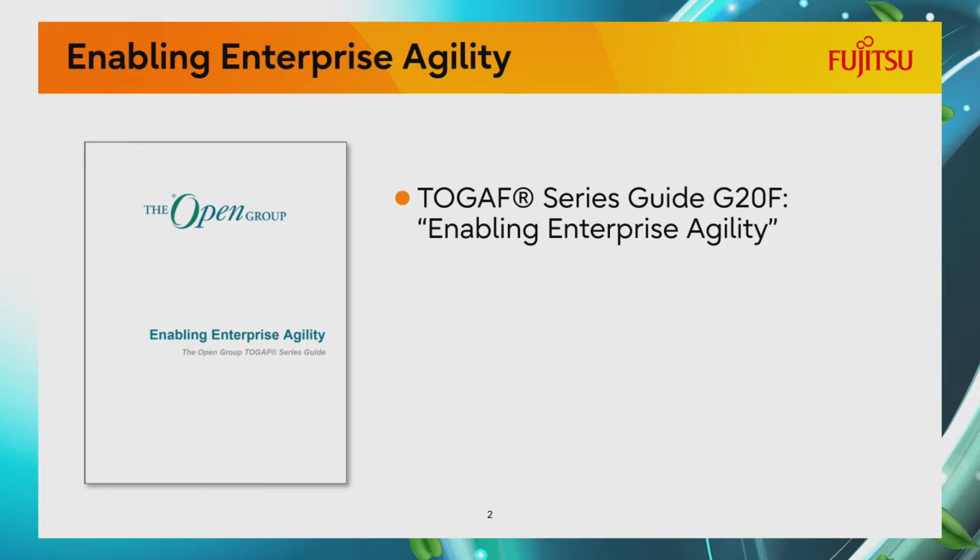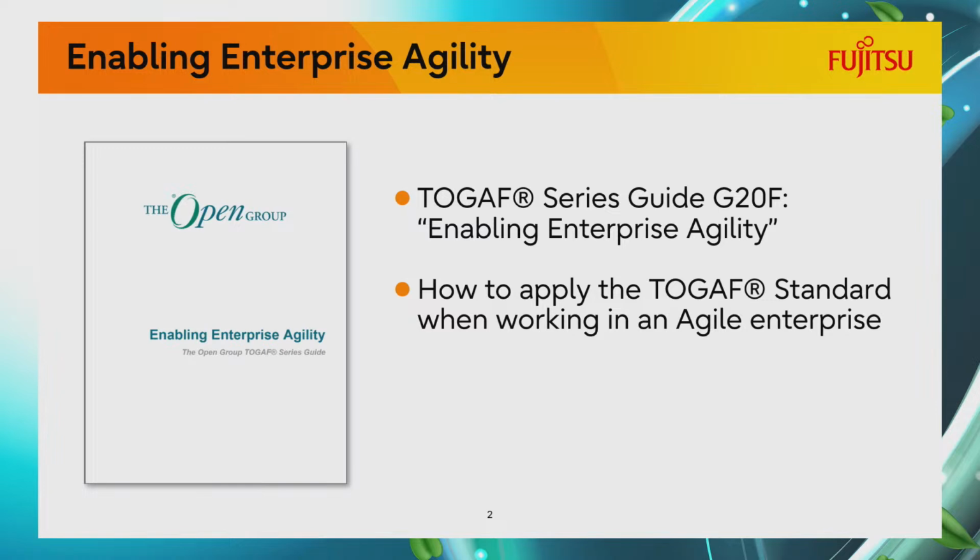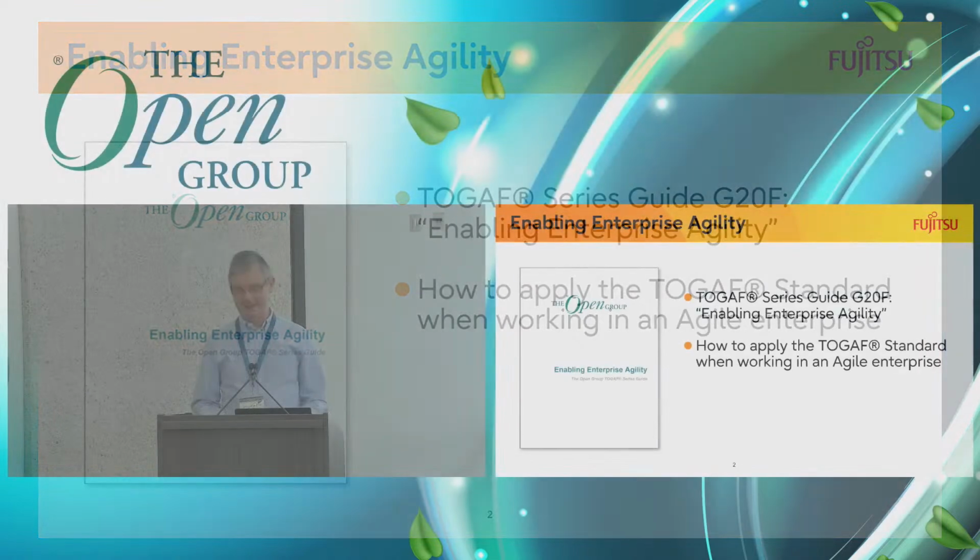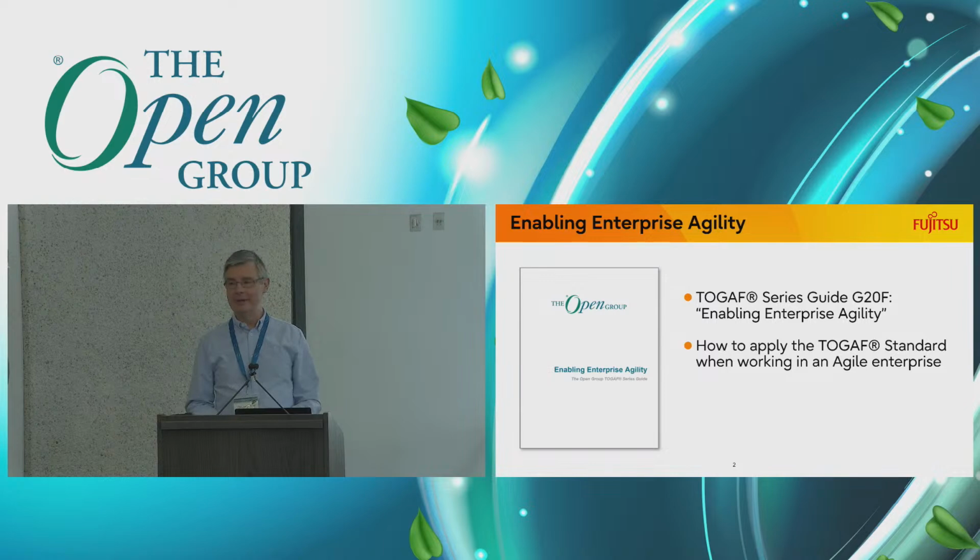It's called Enabling Enterprise Agility. And if I wanted to put in one sentence what this is all about, it's describing how to apply the TOGAF standard when you're working in an agile enterprise. And I would hope that's a situation that applies to a lot of you here today.